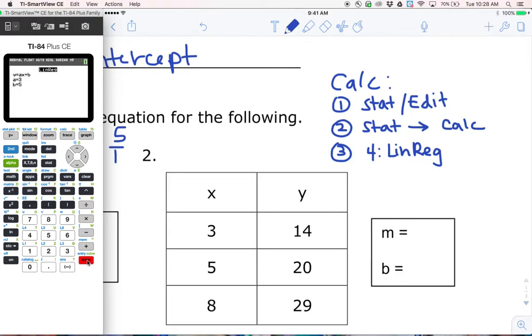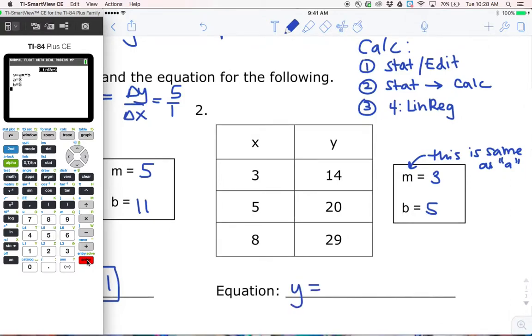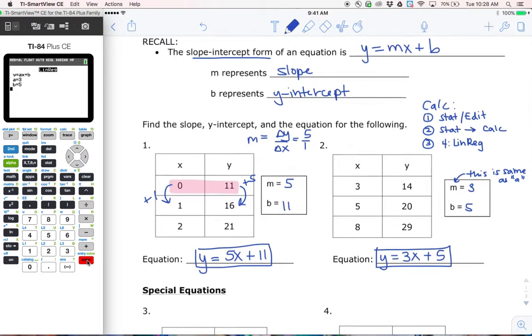It's telling me that a is 3, which is the same as m, and b is 5. So my equation this time is y equals 3x plus 5.